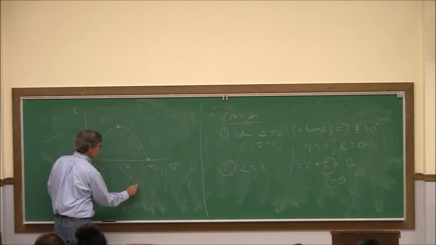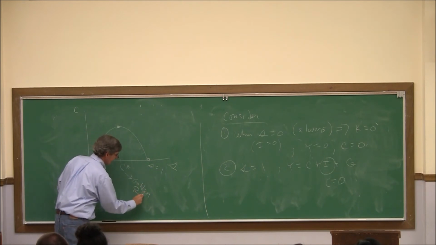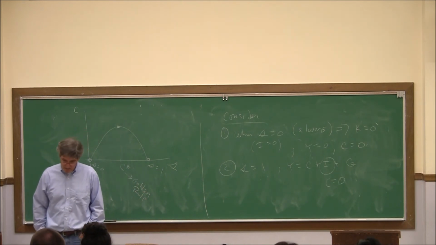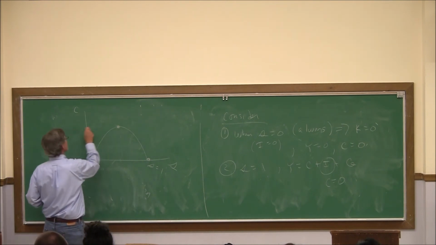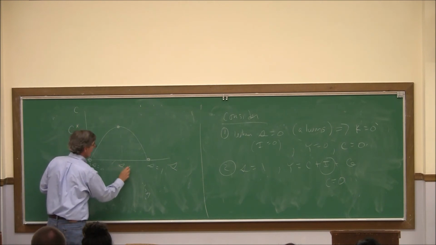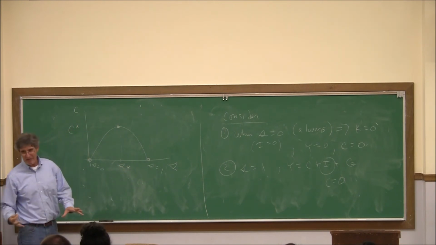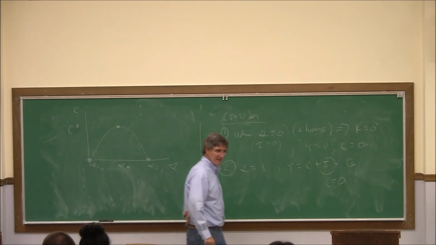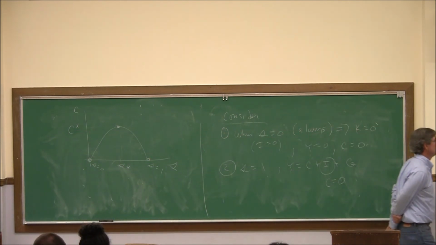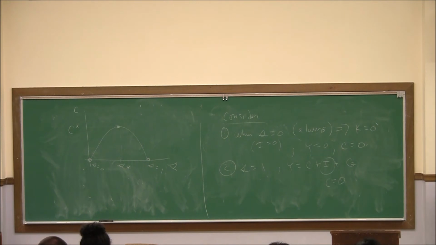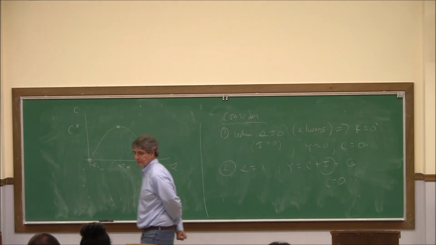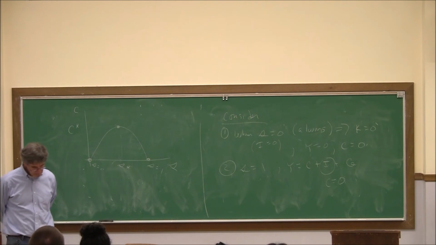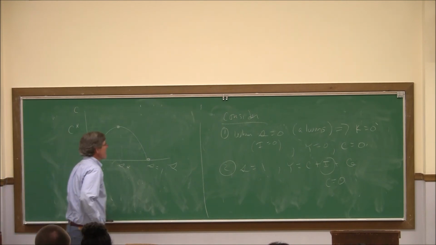There must be some golden rule level of savings. C's over here. This is S star, the golden rule level of savings. So again, that's the golden rule.